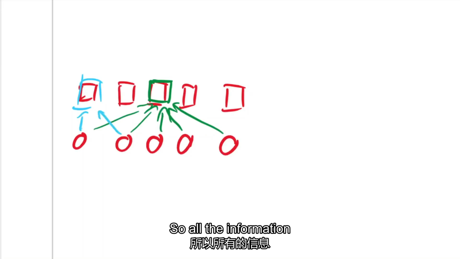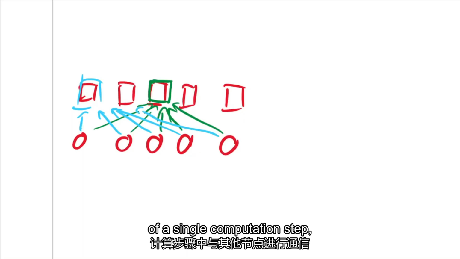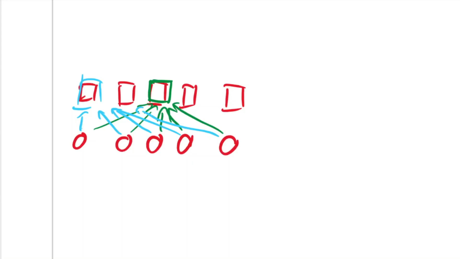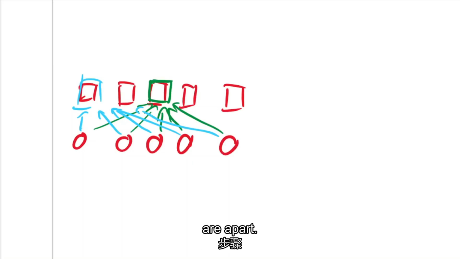So all the information. Now, that's a lot better because now every node can communicate with every other node in a matter of a single computation step, and not as many computation steps as the two nodes are apart.